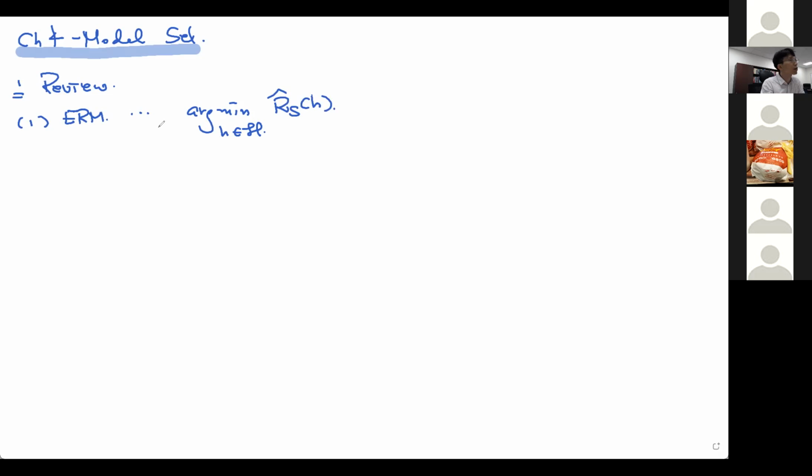But it turns out we can do a lot better by putting some structure on the hypothesis set. So instead of having one monolithic hypothesis set H, we say our hypothesis set is structured. It's a union of smaller hypothesis sets, such that these smaller sets are increasing with respect to the index.